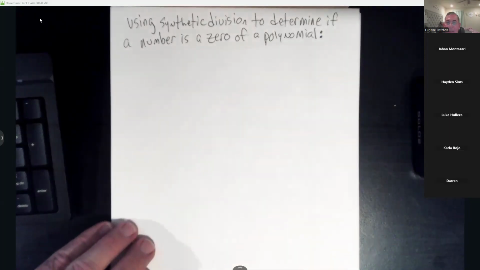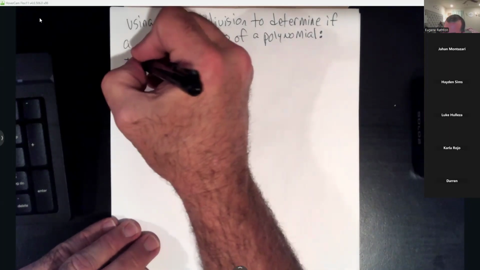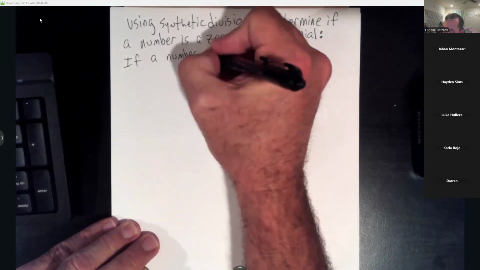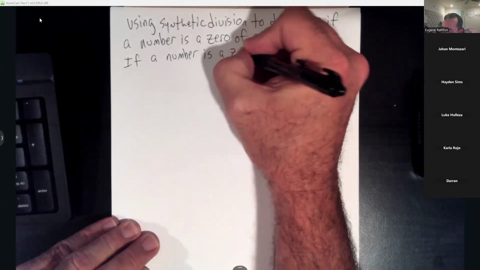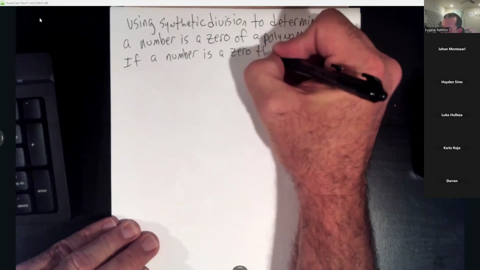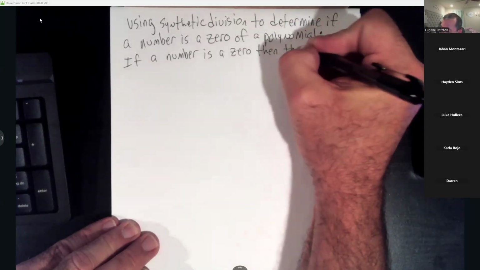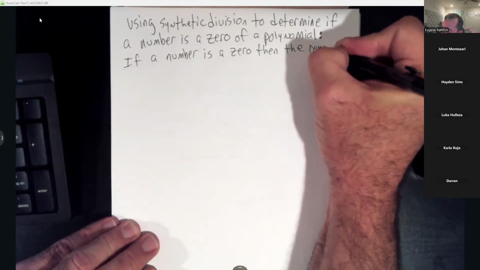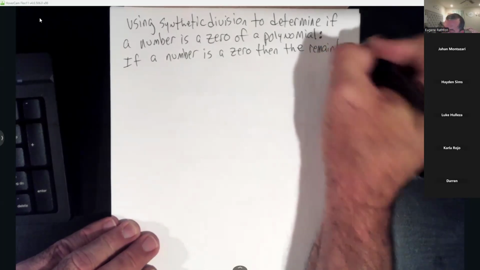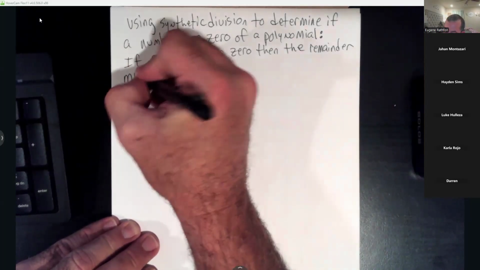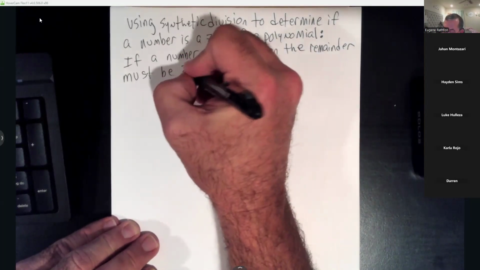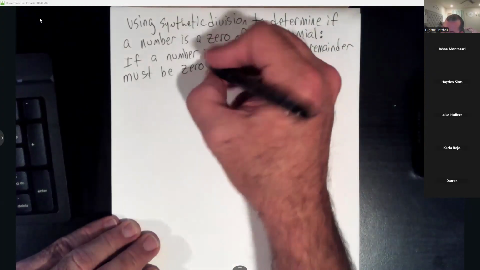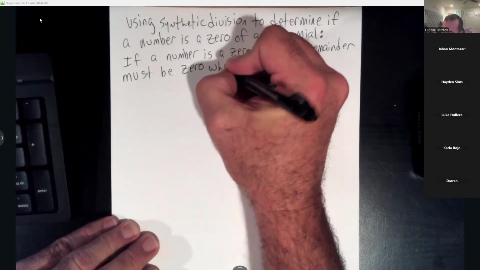Hey, also, here's the thing. If a number is a zero, then the remainder must be zero when using synthetic division.